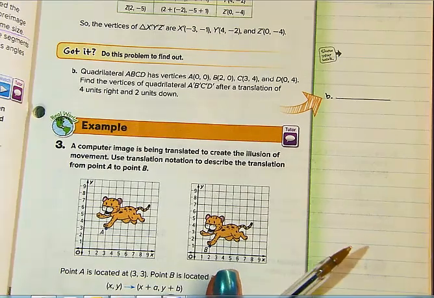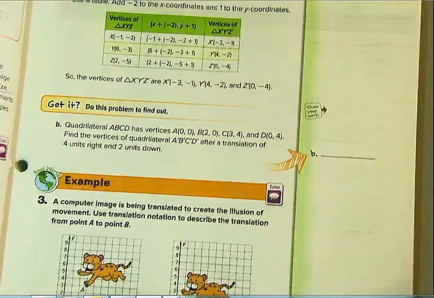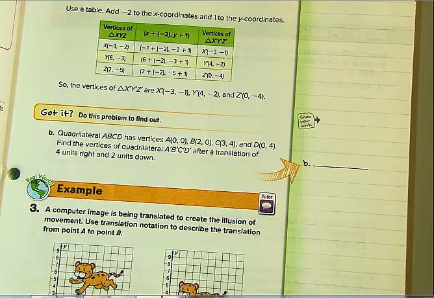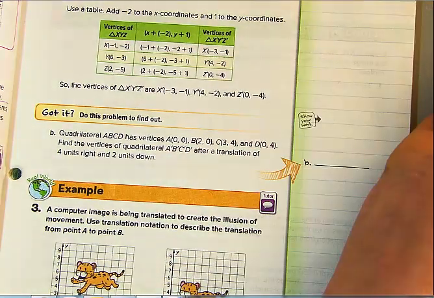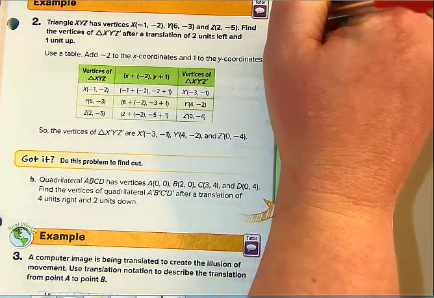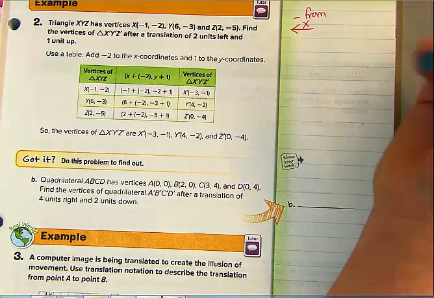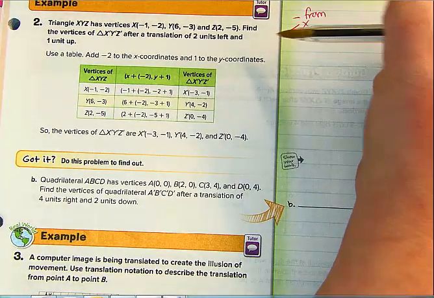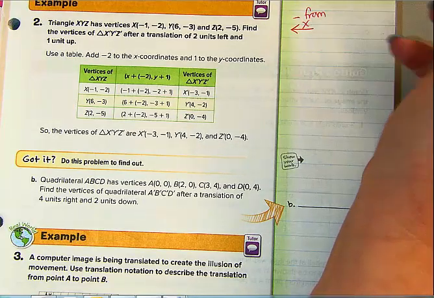Okay? Let's do this one over here. This one wants us to do it mathematically. It doesn't want us to graph it. If I go to the left, then I subtract from x. Okay, so if I move my image to the left, then I'm going to subtract however many spaces that I move from my x.